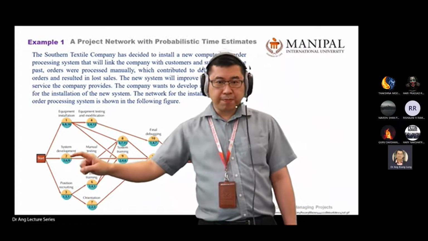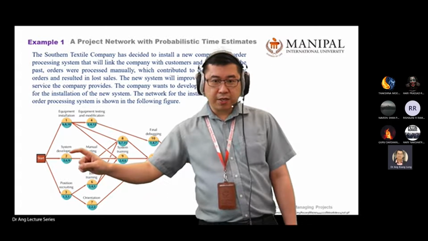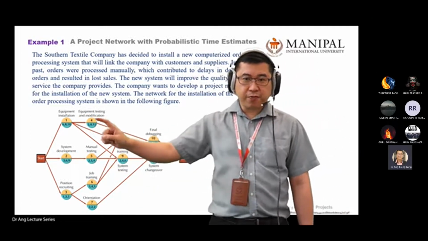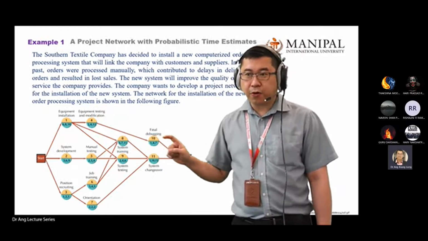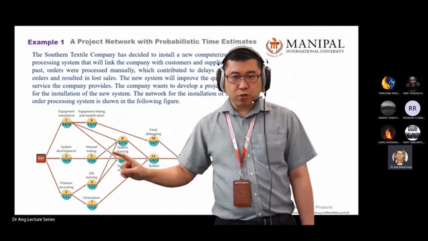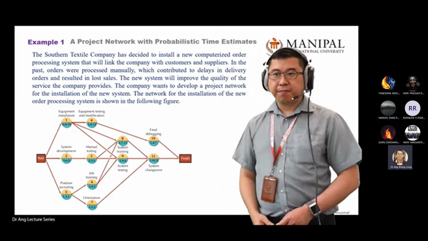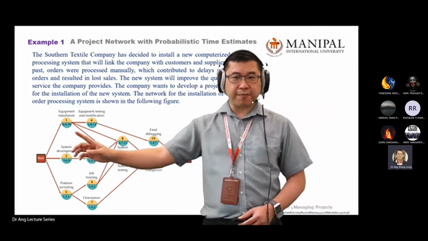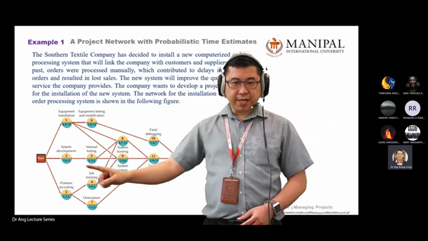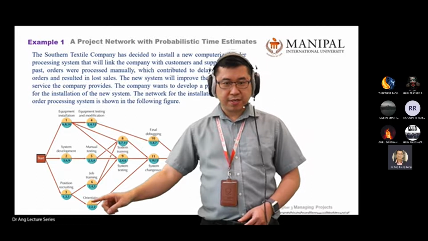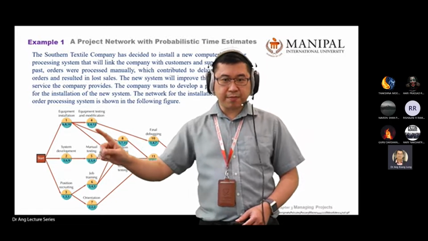On the top is the activity number, so you have 1, 4, 10, 2, and so on. But something is a bit different from the previous diagram: there are 3 numbers below the balloon.